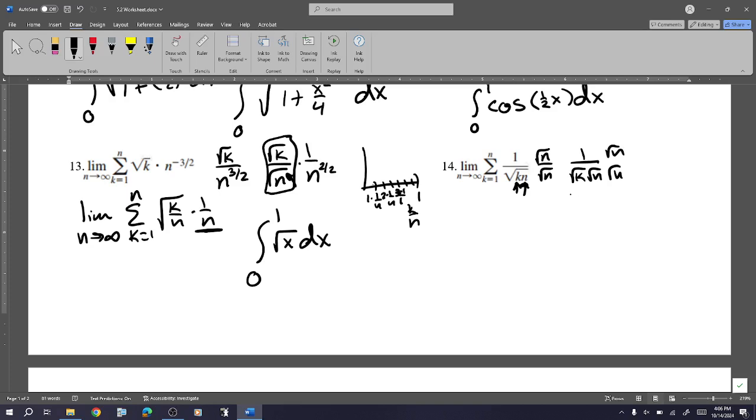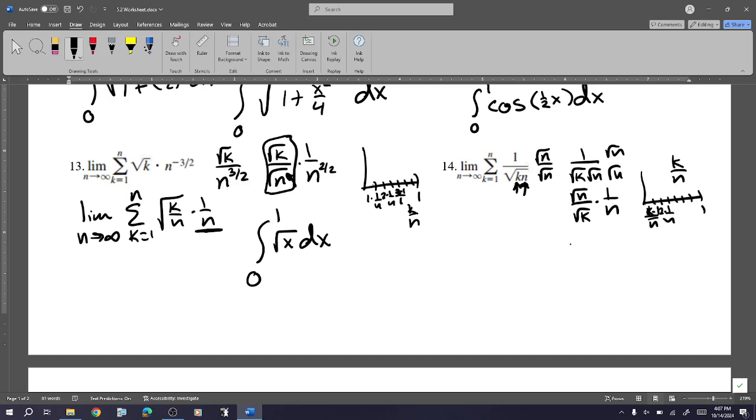So this ends up being square root of n over square root of k times 1 over n, and I got the 1 over n. So now I know that we're going from 0 to 1, cutting this up into n pieces, and each of those is k over n.